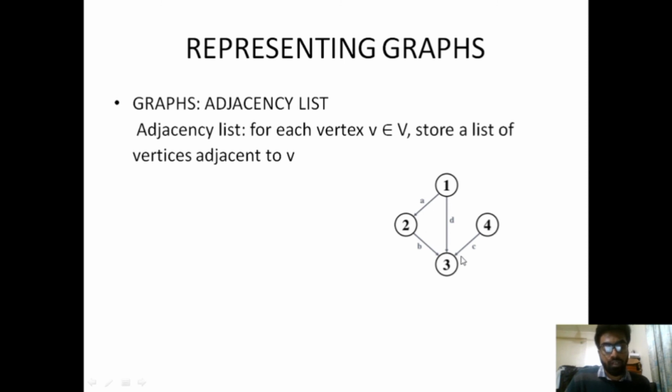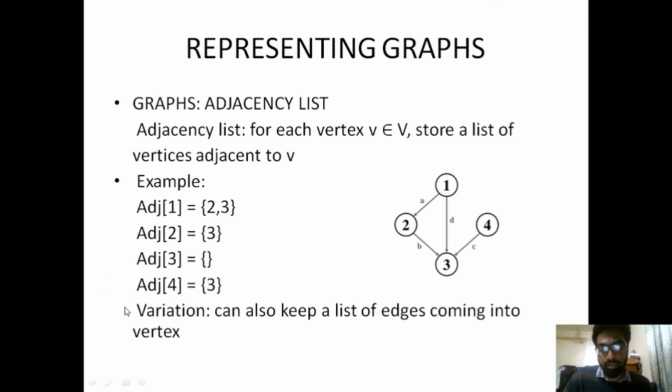So every vertex has a list. We can see the list here. So we're going to represent that graph by a list which is known as adjacency list. So there are 4 lists for 4 vertices. List 1 is for vertex 1, list 2 is for vertex 2, list 3 is for vertex 3, list 4 is for vertex 4.